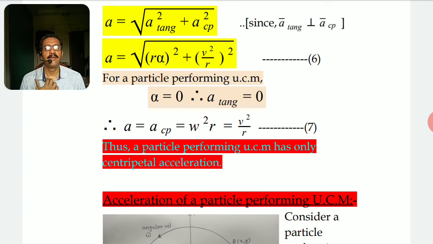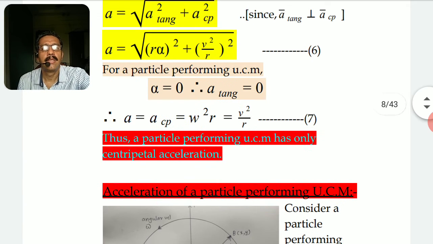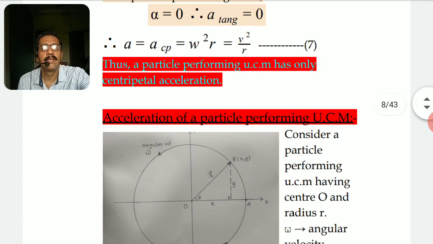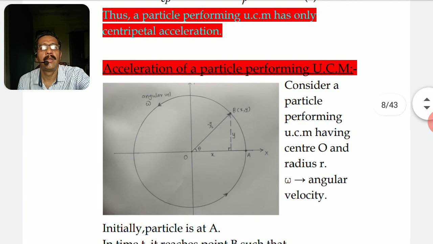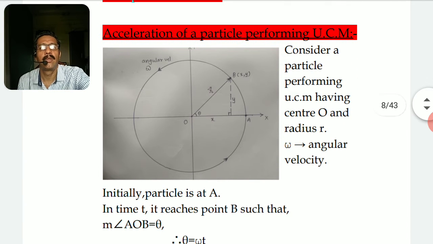So one must every time remember that if a particle is performing UCM, the value of alpha is equal to 0, and that's why the tangential acceleration will be 0. The entire acceleration of a particle performing UCM is only centripetal acceleration. We have marked it like this. So that is a very important derivation about a particle performing circular motion.